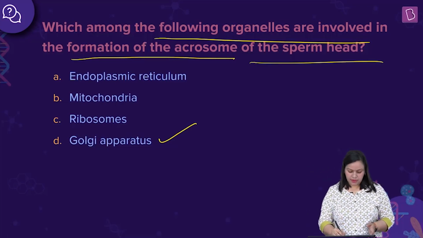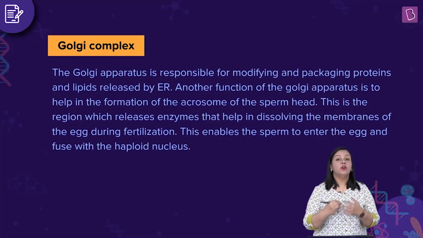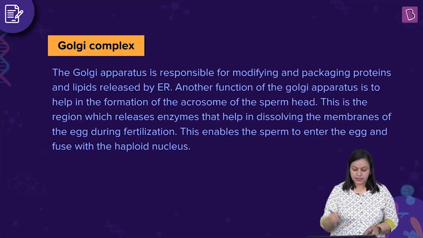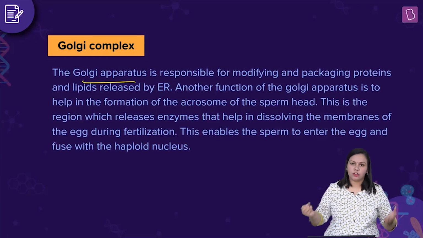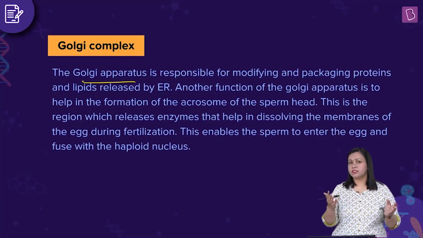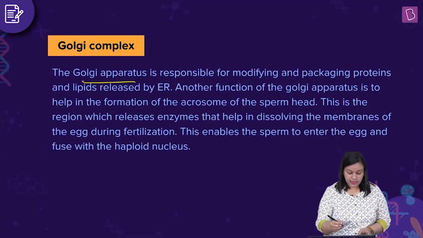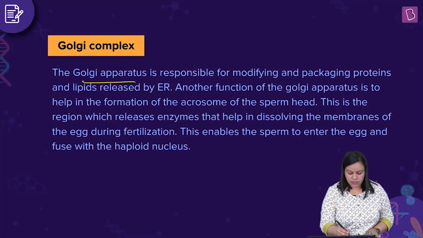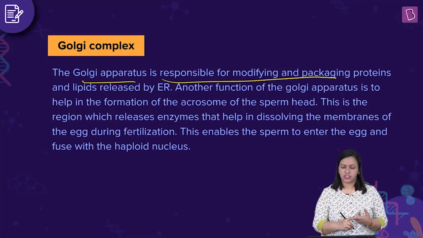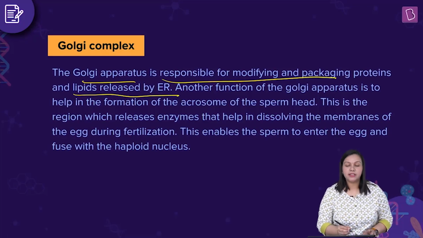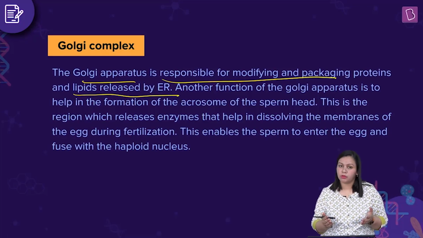So first let me begin with Golgi apparatus. Let me help you recall what exactly is Golgi apparatus. Golgi apparatus or Golgi complex, like you call it, was discovered by Camillo Golgi, right? It is responsible for modifying and packaging the proteins and the lipids that are synthesized by the endoplasmic reticulum, right?